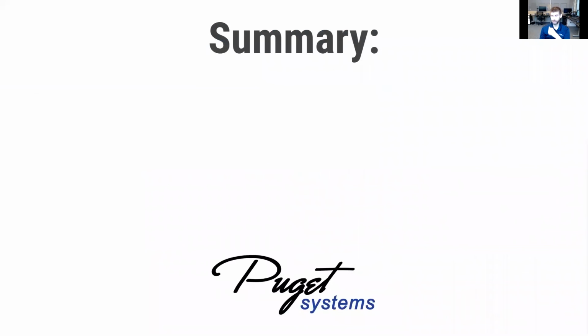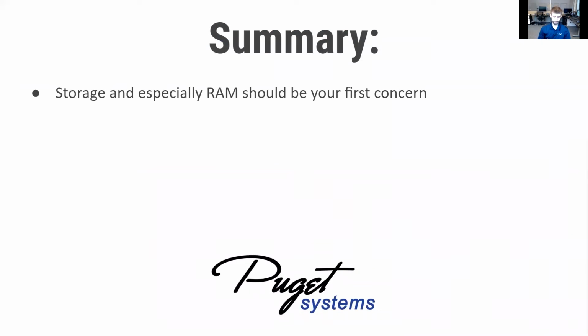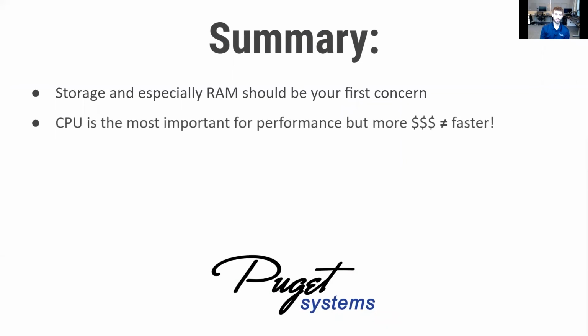But while people are putting in any questions, just a very quick summary. Storage and RAM really should be your first concern, especially RAM for After Effects. CPU is most important in terms of performance, but really, more money is not faster. You can spend thousands of dollars on a CPU and it's going to be slower than a $500 CPU. So it's about the right tool for the job, not the most expensive tool.